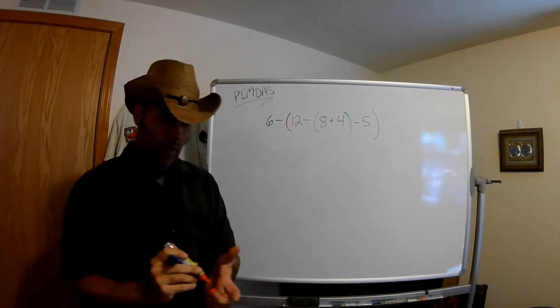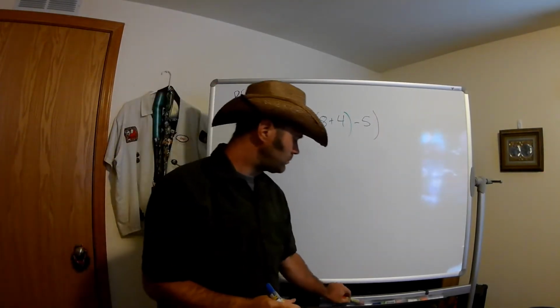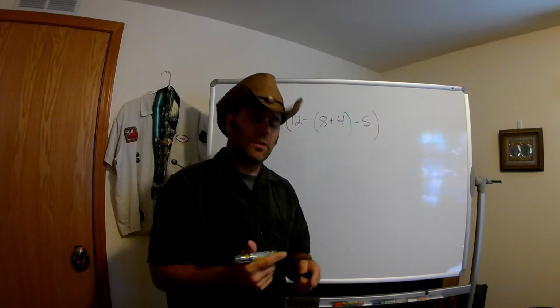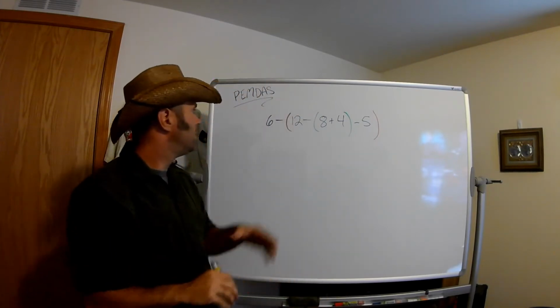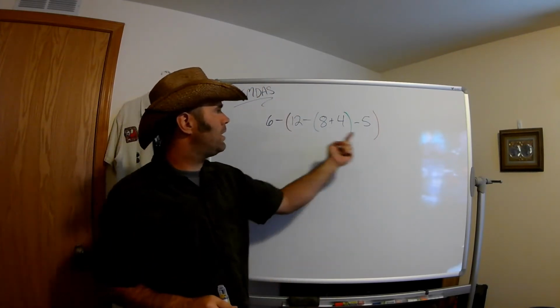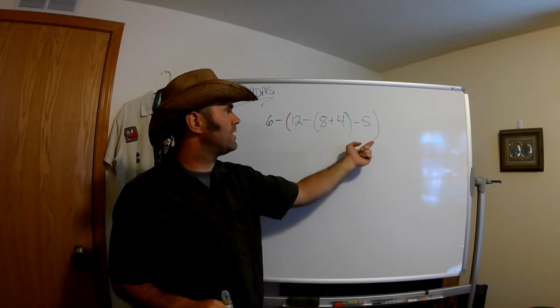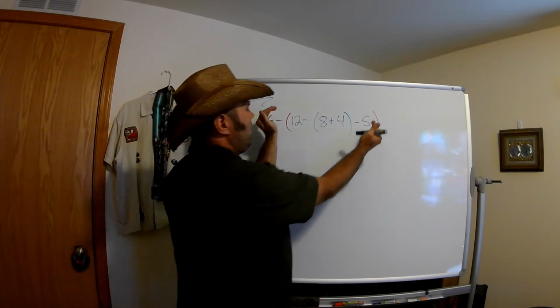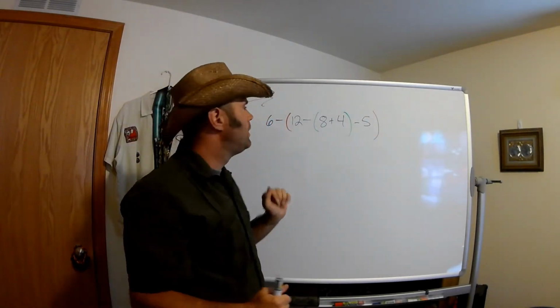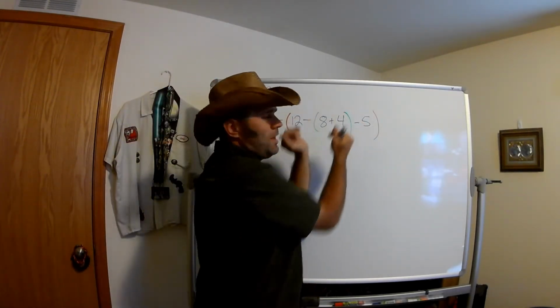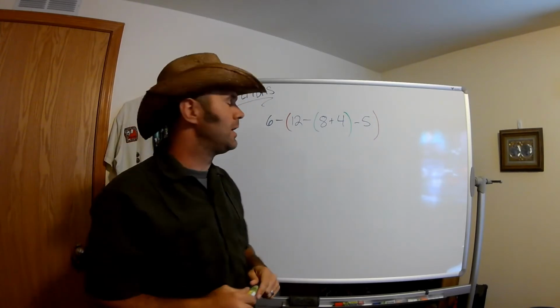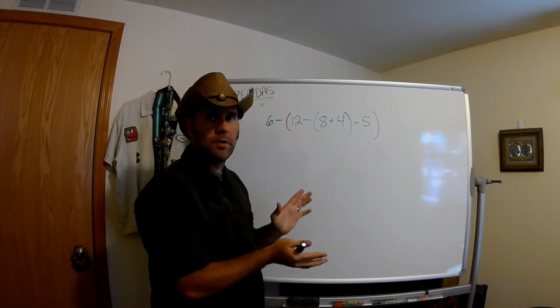So I have color-coded it, just so that it makes a little bit more sense here. So we've got a pair of red parentheses, and those red parentheses are identifying that this is a group. And then the green parentheses is another group that's being operated upon.